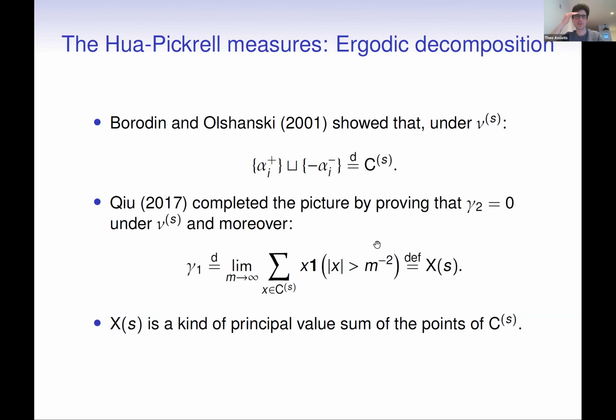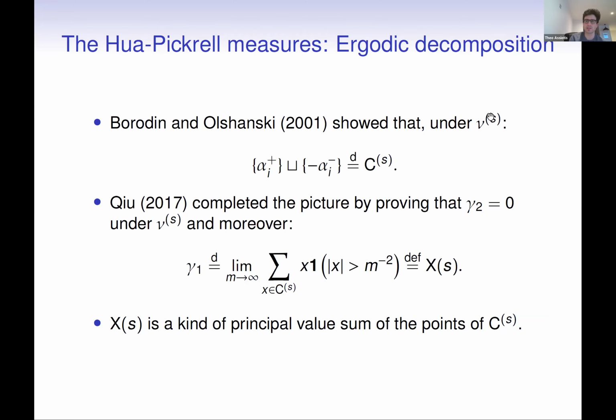So what did Borodin and Olshanski prove in that paper? They proved that under this probability measure nu_S, if I take the alpha plus parameters, which are non-negative, and then I take minus the alpha minus parameters, which were non-negative as well but are now negative, and I consider them as a point process, this has the same distribution as the determinantal point process with this kernel.